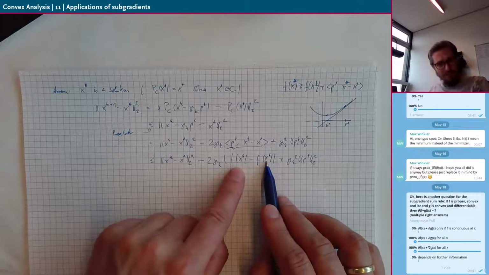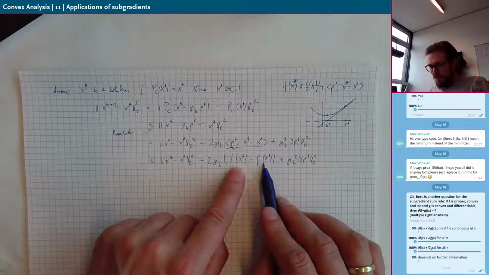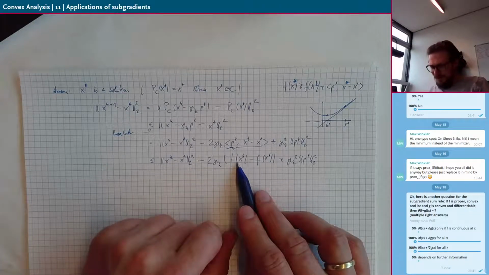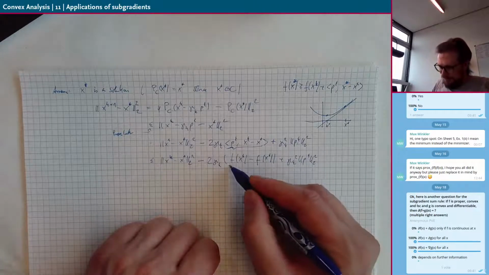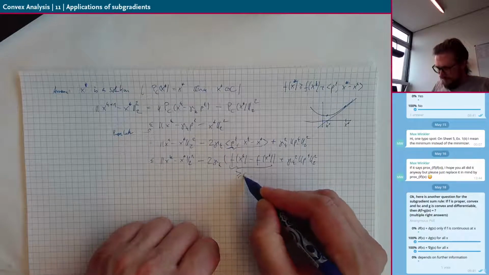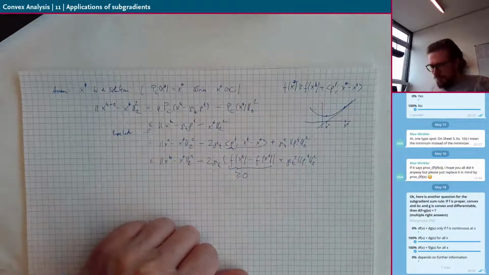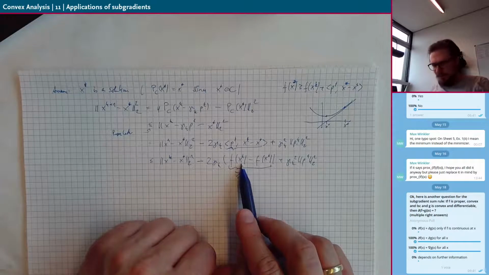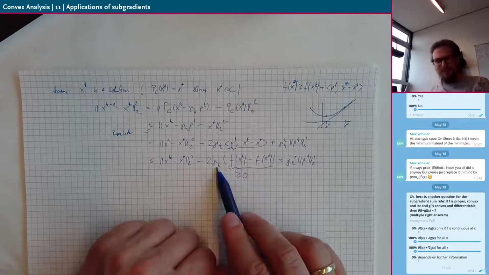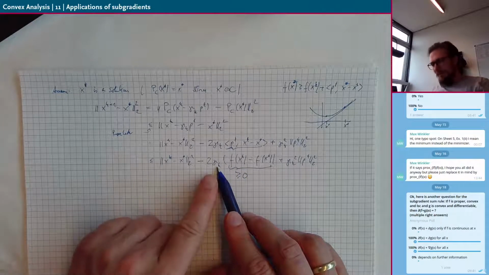And x star is also in C, but it's the optimum, the solution, while xk is not the solution, which means that f of xk is larger than f of x star, so this difference is always non-negative. As long as you're not optimal, it is strictly larger than 0, so you really subtract something. But you also add something.